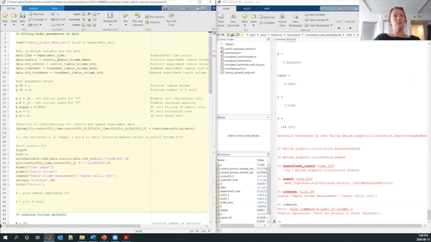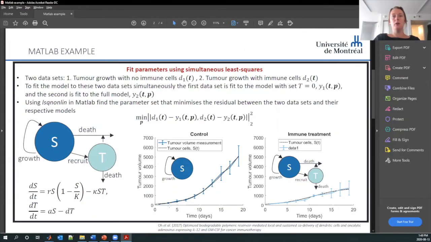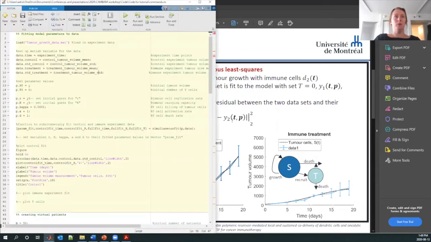You can see the time for both of them is one variable, and then you've also got the tumor growth mean and standard deviation for the control, and the tumor growth mean and standard deviation for the immune treatment. So make sure you change this to _ standard deviation if you're following along.